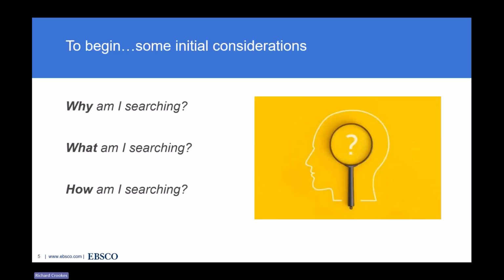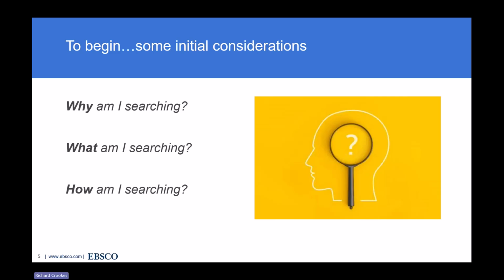So to begin, some initial considerations in the context of searching the literature using an EBSCO database like MEDLINE. First of all, why am I searching? What is the purpose? It's in support of what? It could be in support of an assignment for a clinician. It could be a research paper. It could be a systematic review, for example. And what am I searching? The kind of content, the kind of coverage as well.